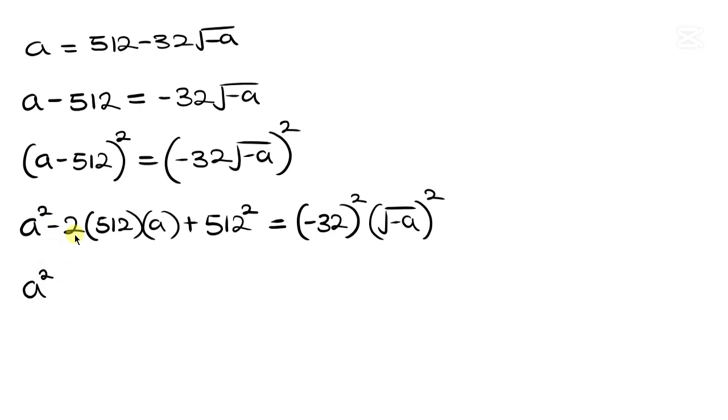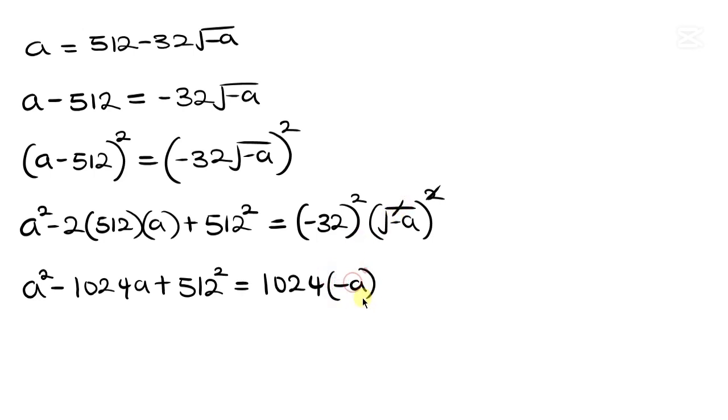Now, minus 2 times 512 times a is negative 1024a plus 512 squared equal to, now negative 32 squared is actually 1024. And now notice that this square can cancel off the square root, leaving behind negative a.